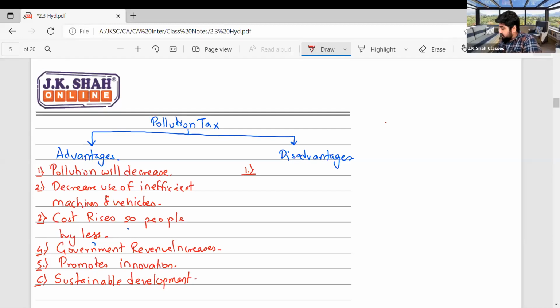First one, I like this point, cannot be exactly measured. So it is difficult to determine and administer.